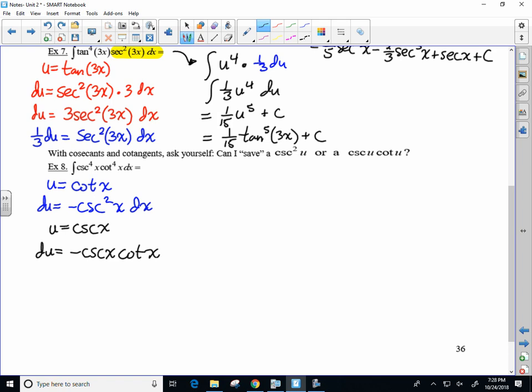So then it's like, well, if that's the case, yeah, I'll cancel some stuff, but I'm not going to be able to cancel it all. So then we get into this idea. One of these two things must be the way to go. So let's see which way is the way to go. Again, it's all diagnosis. We're performing triage here. So let me try to save a cosecant squared.